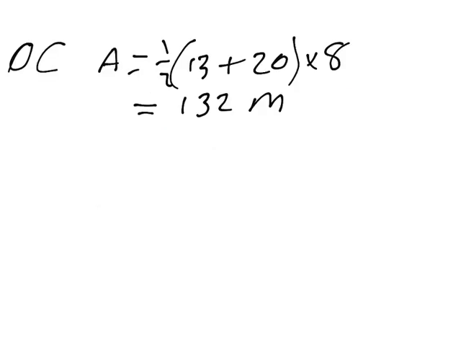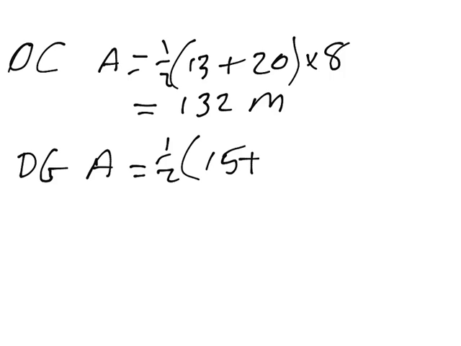So that is the area between D and G. So D to G, our area is a half the length of the parallel sides, which is 15 and 8, times the distance between them, which is minus 12 in this case.